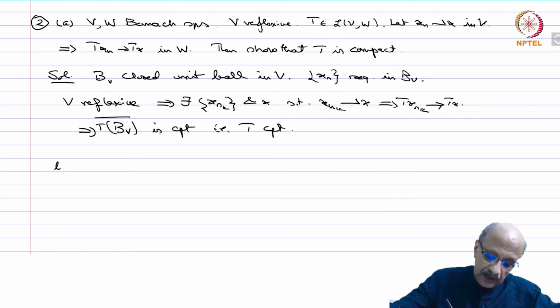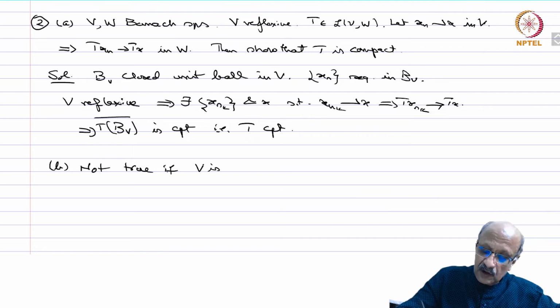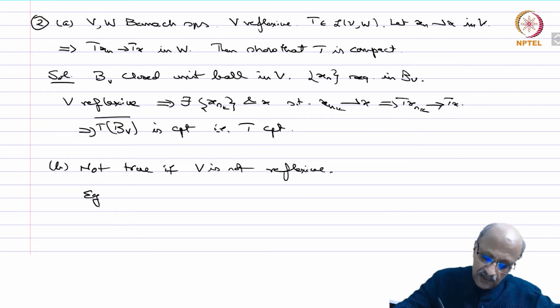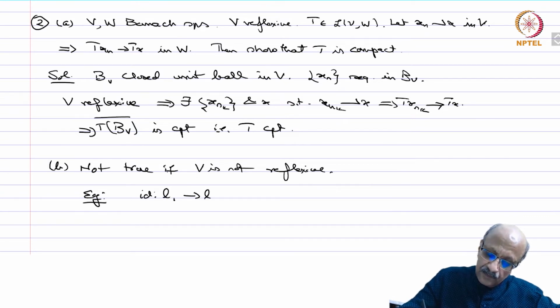Okay. B: not true if V is not reflexive. So let us take an example. You take the identity map from L1 to L1.